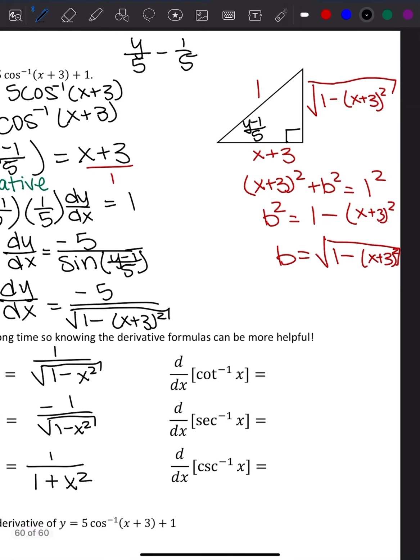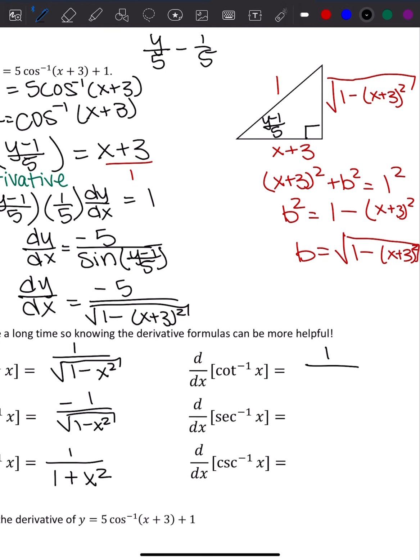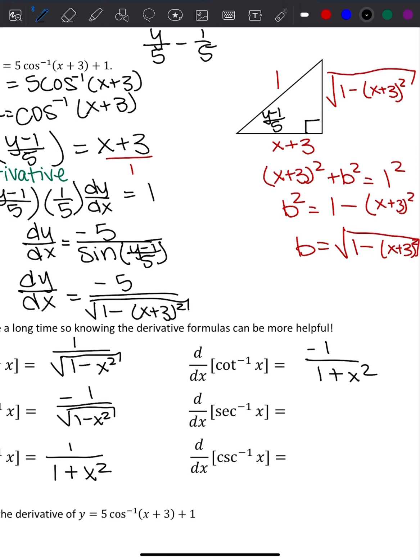And cotangent inverse is exactly the same, except negative 1 over 1 plus x squared. Secant and cosecant are kind of our bigger ones here. We have 1 over the absolute value of x times the square root of x squared minus 1, and the negative version of it.